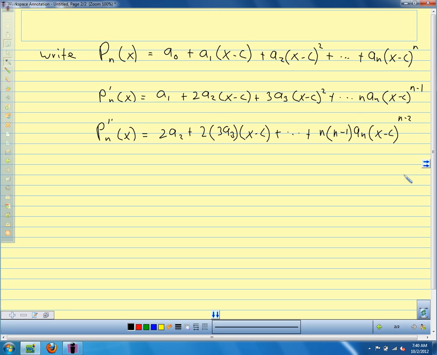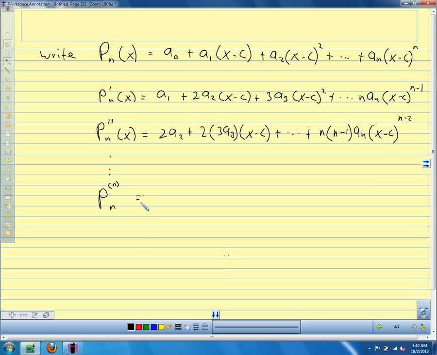And we continue taking derivatives of our polynomial until we've taken n derivatives. So I'm going to go down here and say our nth derivative, and the way we show higher derivatives is instead of prime, double prime, we put n in parentheses. So this means we've taken n derivatives.